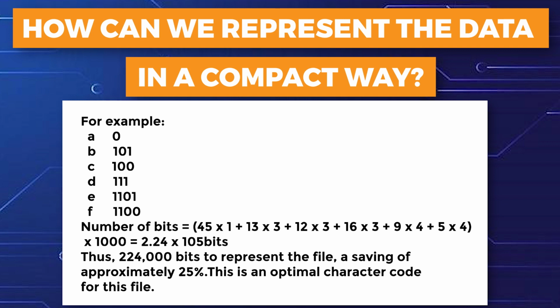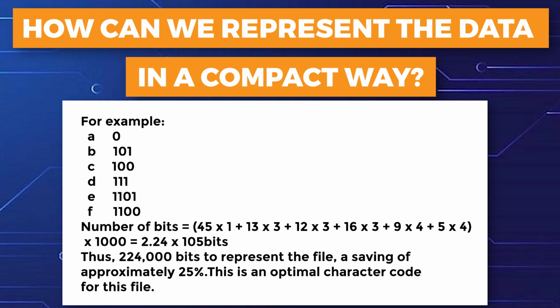Suppose in some example, A is reached by only one length, that is only 0. That's why we take only 1 bit. Now we take another character, B. B requires 3 bits to reach from the root to the particular leaf node, and it will require 3 bits. We take an example 101. It has been taken randomly.